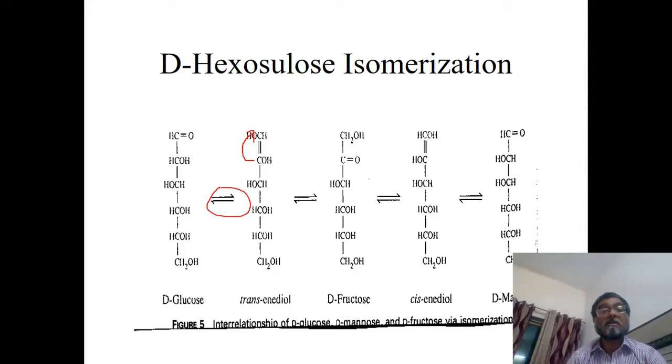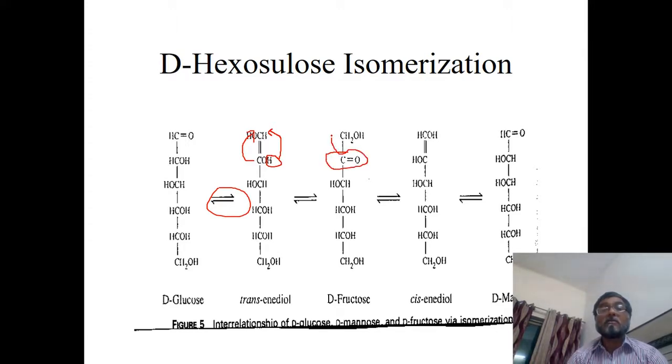It's a reversible reaction. After the formation of this trans-enediol, the second step is removal of this hydrogen and shifting again towards the first carbon. So what is that? That is making a keto group.